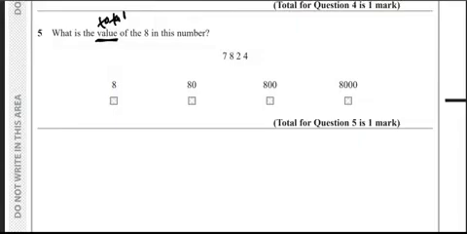For total value, I always tell my students, just look at the position of the number. This is 8. Then the numbers in front of it should be replaced by zeros. There are 2 numbers, so I replace them with 2 zeros. So this is 8 followed by 2 zeros, so the value is 800, and that makes that one the correct answer.